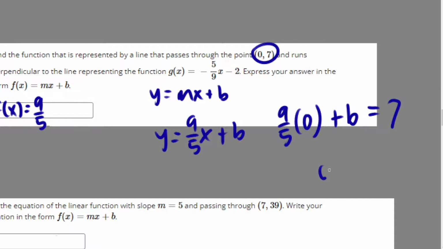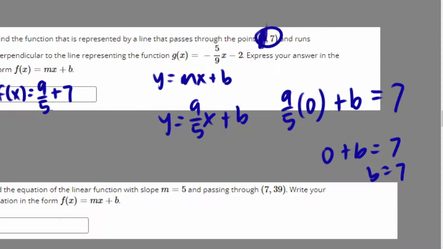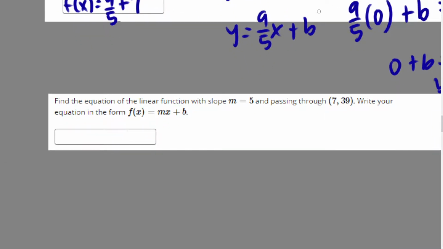So that gives us 0 plus b equals 7, which is b equals 7. I forgot to notice that it's a 0, 7, so that's already our y-intercept. However, that would be the process if you had something different for 0 for your x.